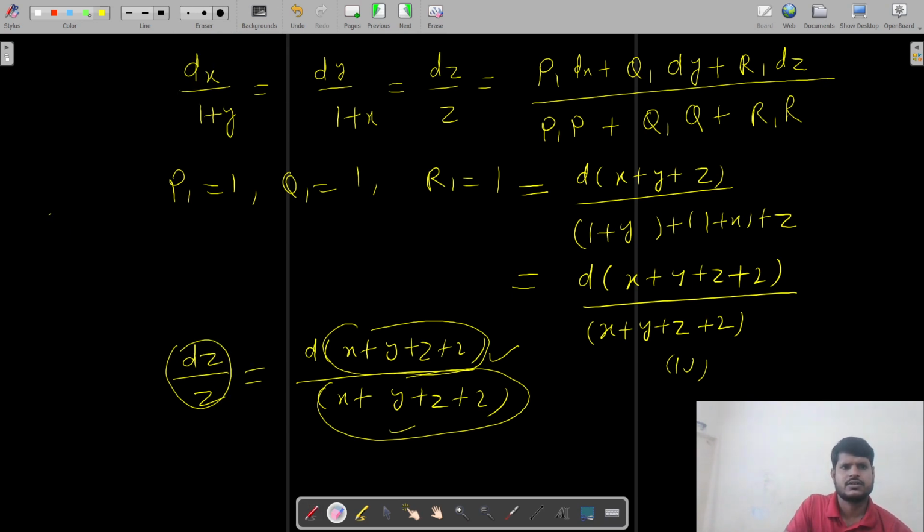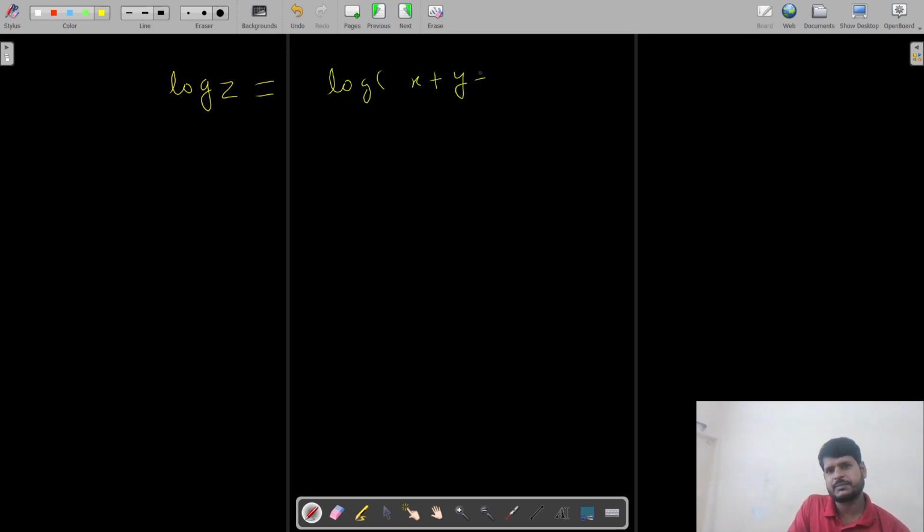Now we have to integrate it. So we have log z, then log of x plus y plus z plus 2. I am taking the log constant, that is log c2.